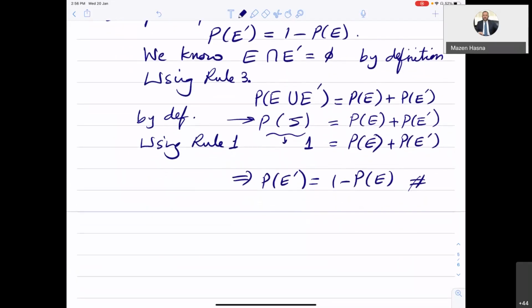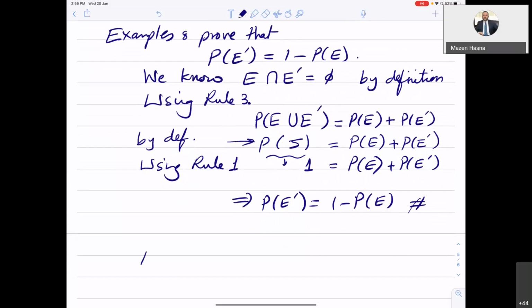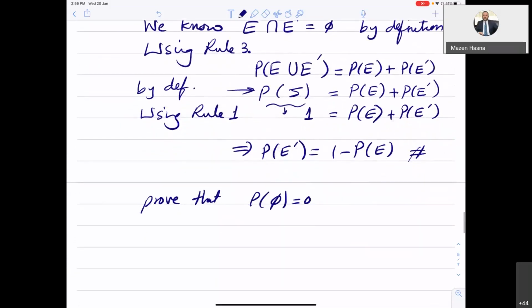Also, you can prove, for example, if you are asked to prove that probability of the empty set is 0. So again, you can start.